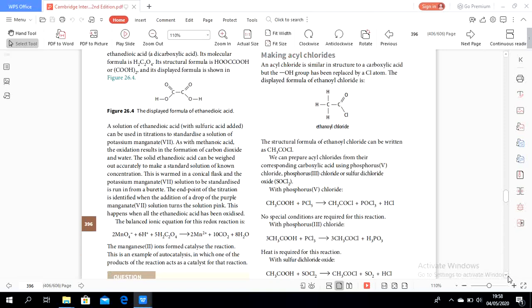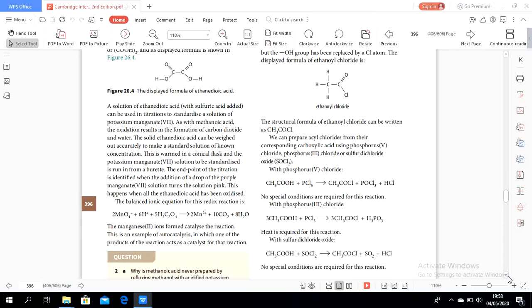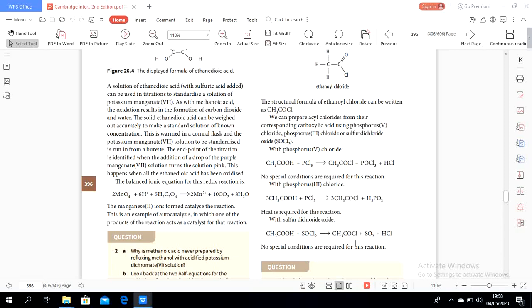With phosphorus(III) chloride it will also produce acyl chloride and also phosphorous acid, while with SOCl2 it will produce acyl chloride, sulfur dioxide gas, and HCl. So all these three have in common that they produce acyl chloride. The difference is they have different side products.